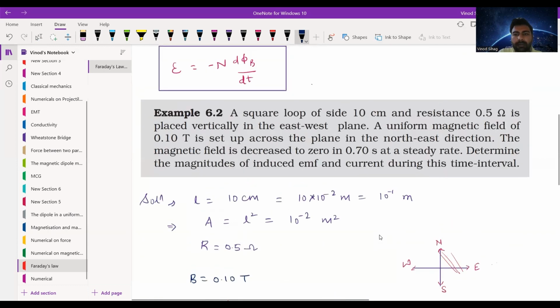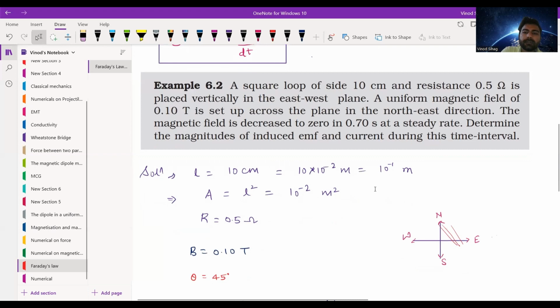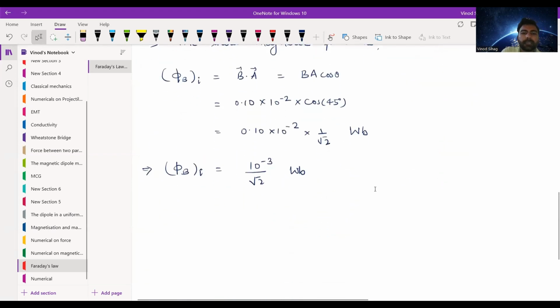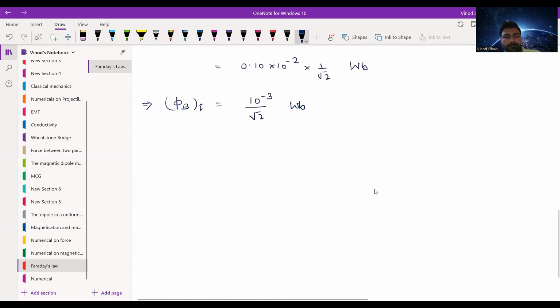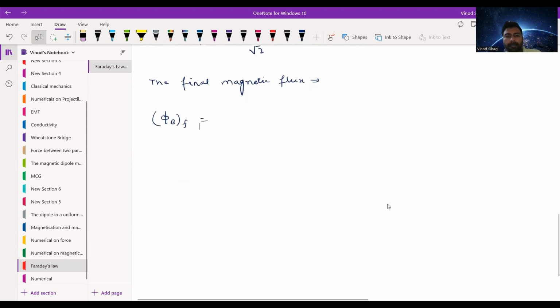Now they have given that the magnetic field is decreased to 0 in 0.70 second at a steady rate. So here the final magnetic flux, phi b final, equals to B A cos theta for the final case.